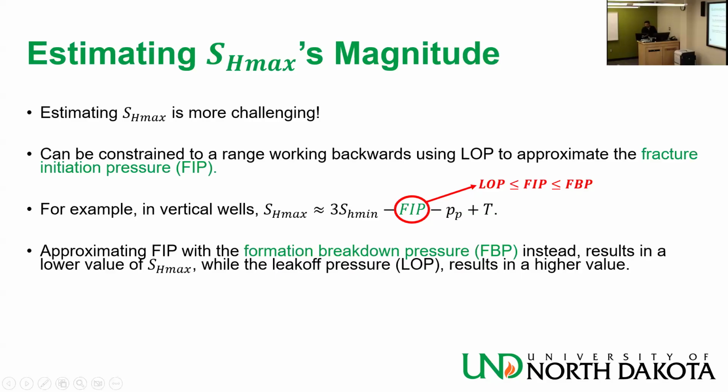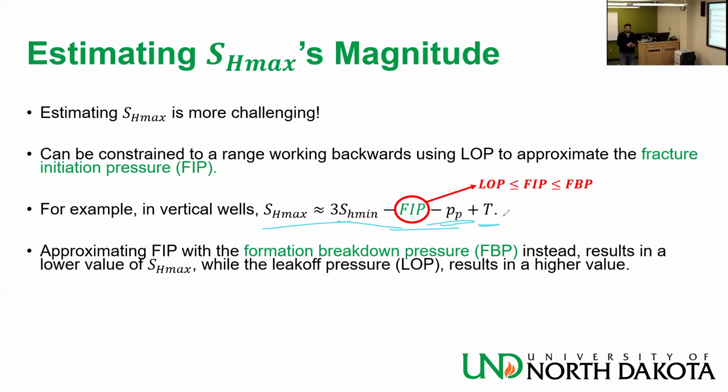There are some unknown variables in this equation. One is SH max, you know what it is. SH min, you know what it is. FIP, fracture initiation pressure, which is a hypothetical value within the range of LOP and FBP. It's rare that you know the actual value. PP is pore pressure, and T is the tensile strength of the rock.